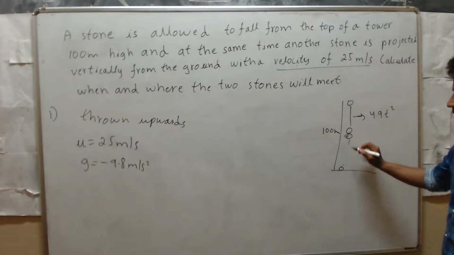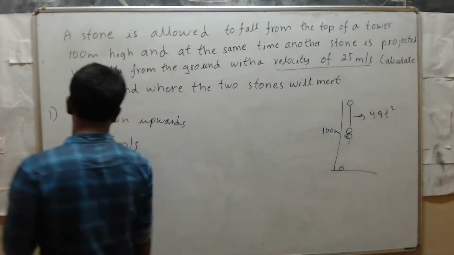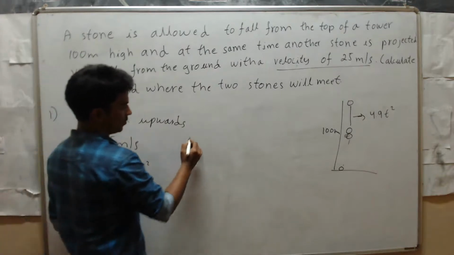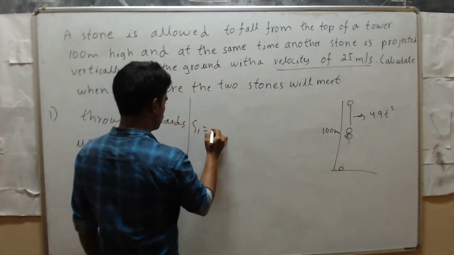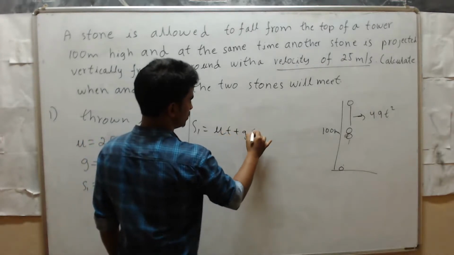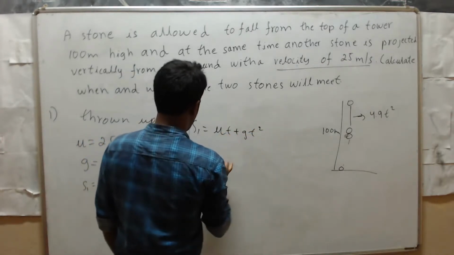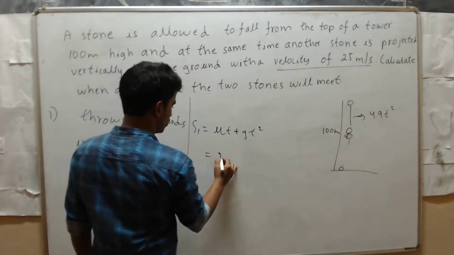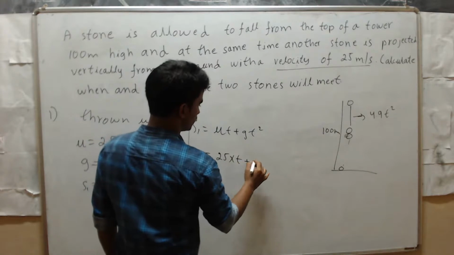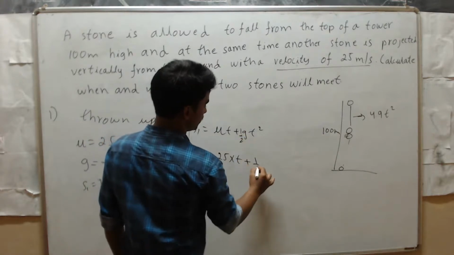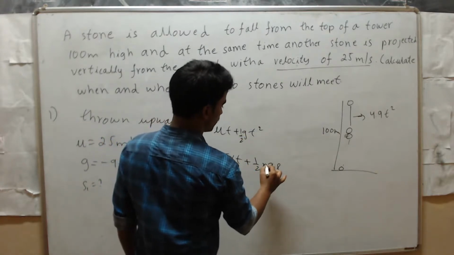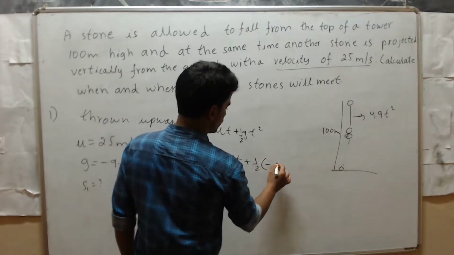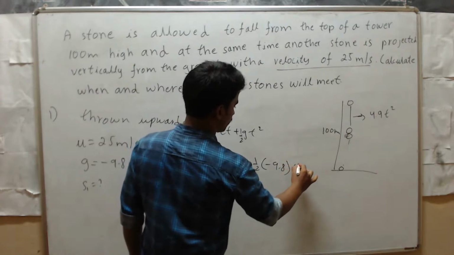Now we can calculate this distance. I will take this distance as s1. We know the formula, s1 is equal to ut plus half gt square. What is u? u is 25, so 25 into t plus half into minus 9.8 into t square.